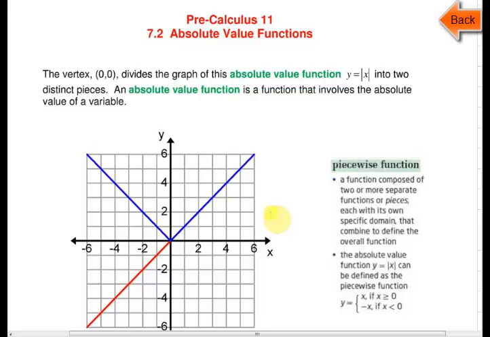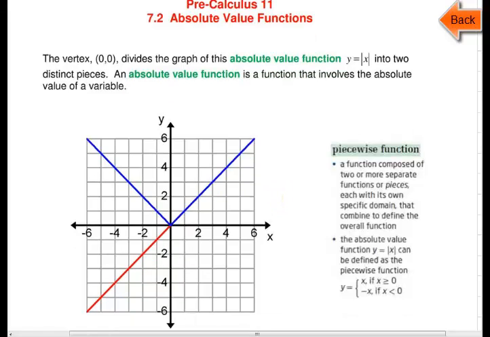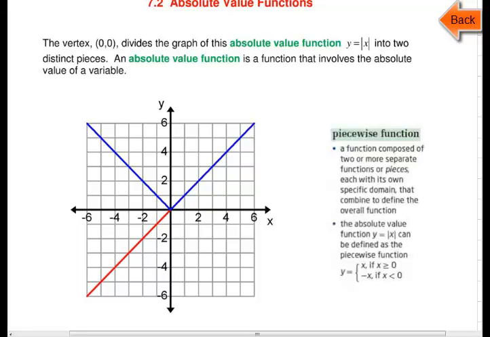So we're going to look at 7.2 absolute value functions. Before we start discussing it, I just want to go over the graph that you have in front of you. The blue part is your absolute value function. It's the graph of y is equal to the absolute value of x.